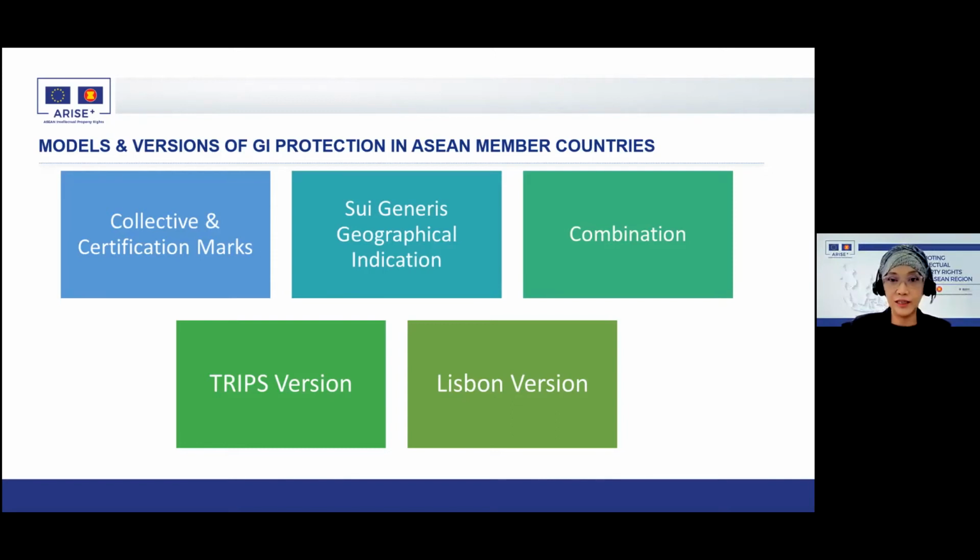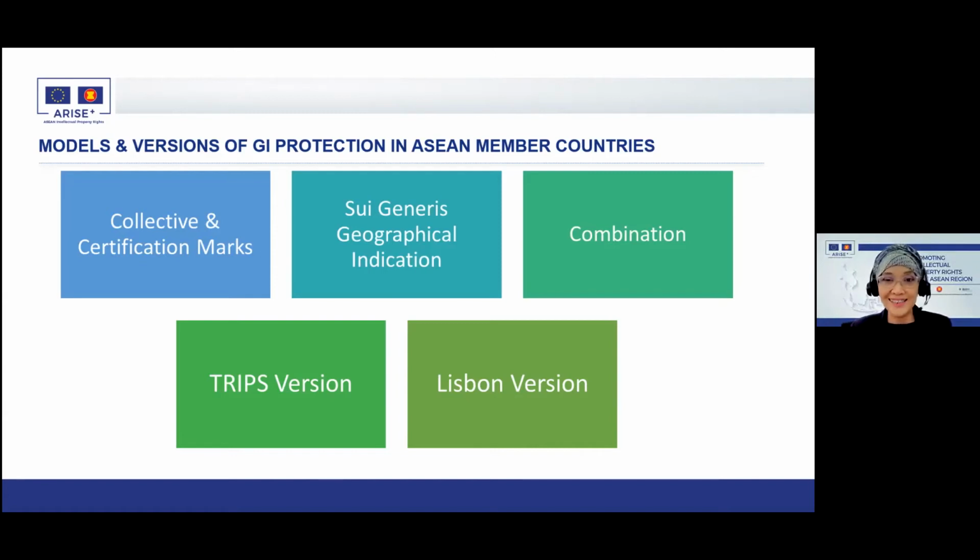We call it sui generis system because some of the experts said that actually geographical indication is a part of the trademark protection system. But geographical indication is a descriptive trademark. Descriptive trademark doesn't have a strong capacity to distinguish. So it is a weak trademark.